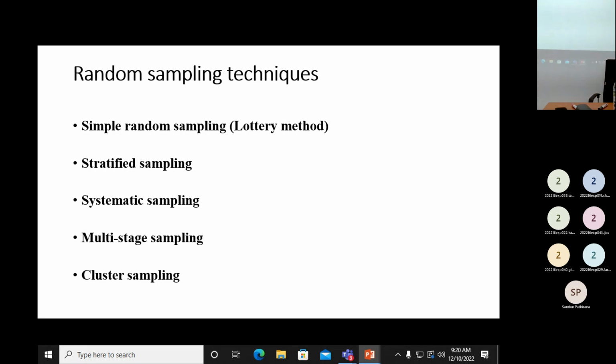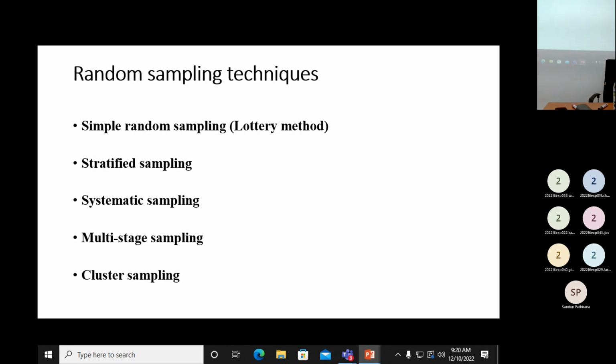Let me explain with an example. Suppose that you have 50 employees, a simple example. Male you have 30, female 20. Then you calculate the ratio of stratification.